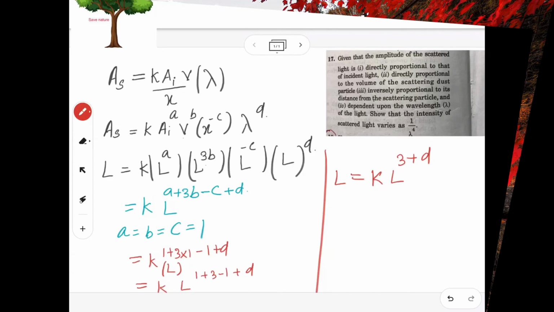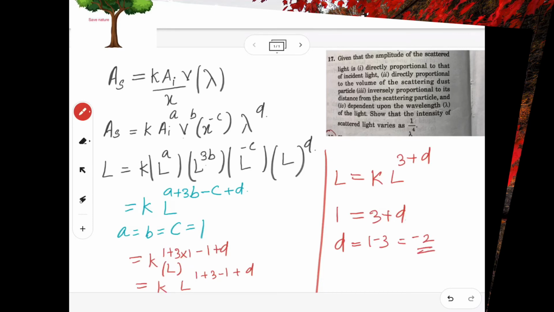Now from this equation, I am comparing the power of L from LHS and RHS. The power on the LHS is 1 and the power of L on the RHS will be 3 plus D. So 1 equal to 3 plus D, therefore D is equal to 1 minus 3, which is equal to minus 2.